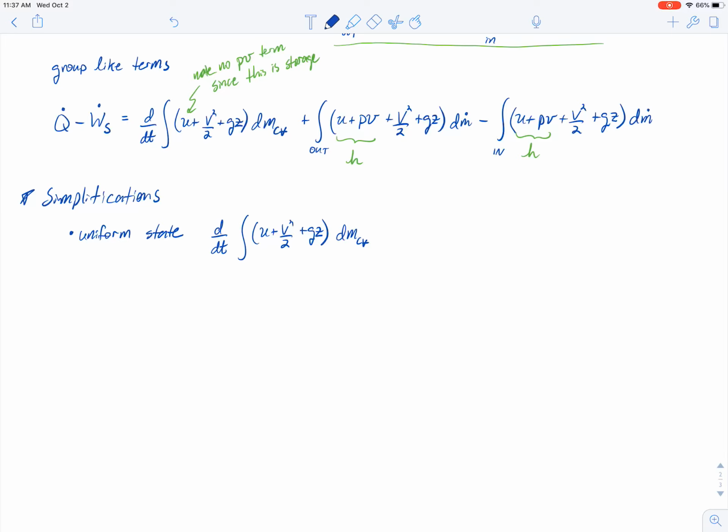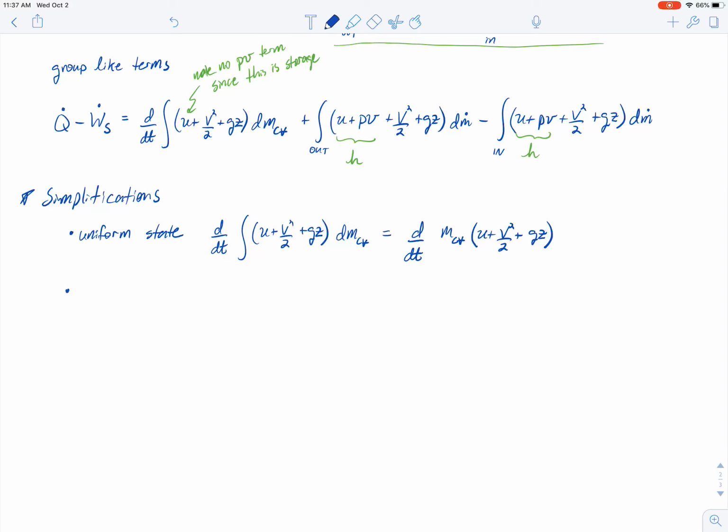So this simplification then just looks like the mass of the control volume times the average energy level of the control volume. That's uniform state.